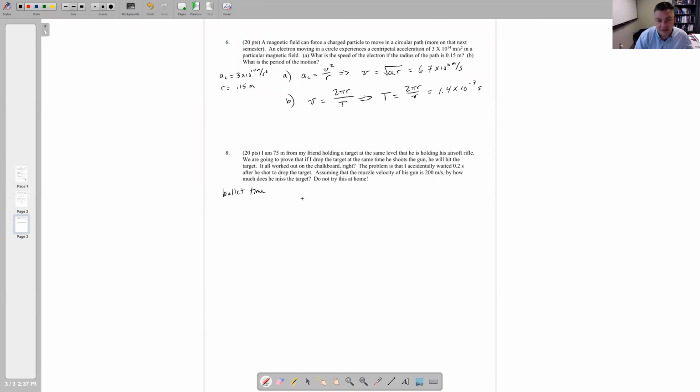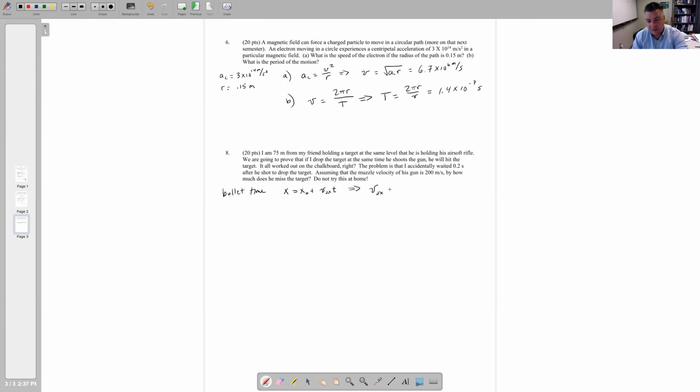So what do I know? I know it travels 75 meters in a given amount of time. I know that it has no acceleration in the x direction. So x is equal to x naught plus v naught x t.